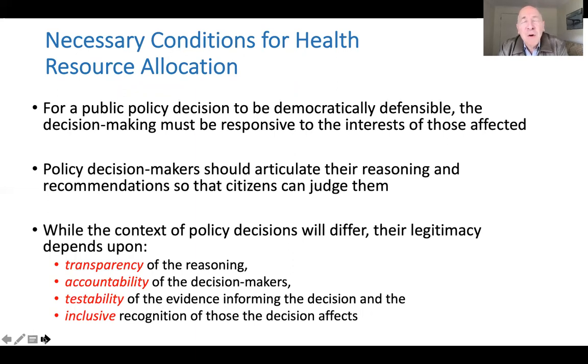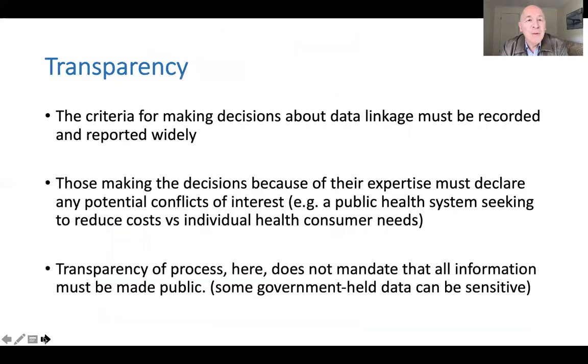And while the context of policy decisions will differ, their legitimacy depends upon four pillars: transparency of the reasoning, accountability of the decision makers, testability of the evidence informing the decision, and the inclusive recognition of all of those, in fact, that the decision affects.